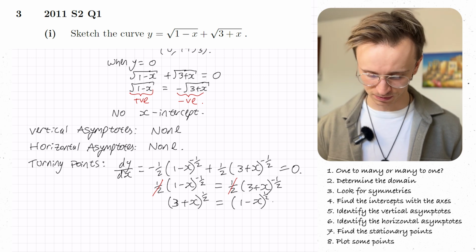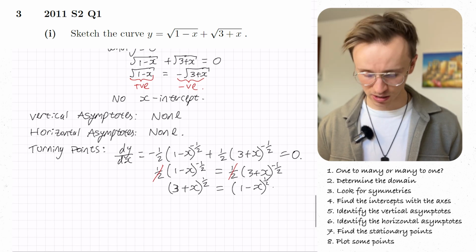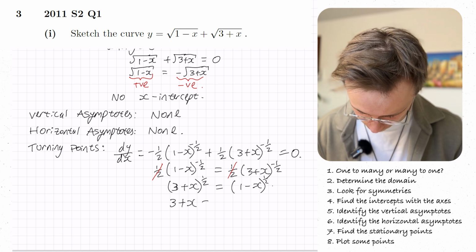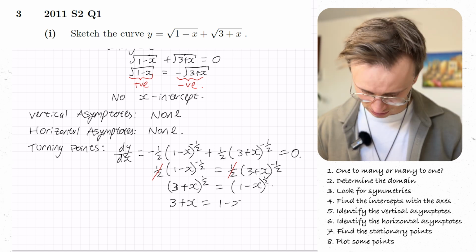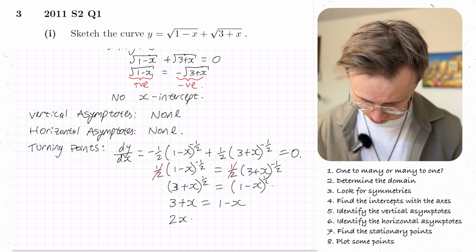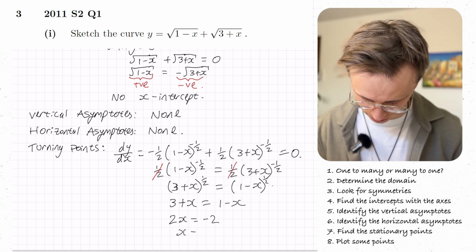Okay, so knowing these are equal, I'm going to square both sides to get 3 + x equals 1 - x. And then I will have 2x equals -2, x equals -1.